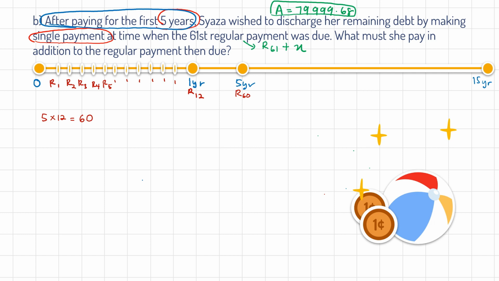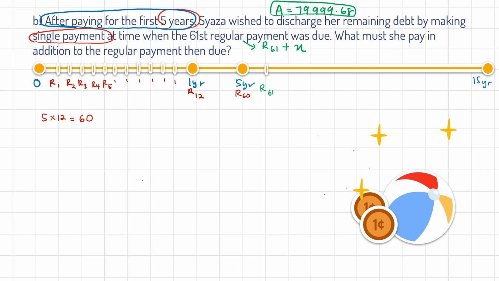It means that she already did 60 payments. So, after the 60th payment, here we have R60 first. At the 61st payment, she needs to pay the value of R, which is 811.41.